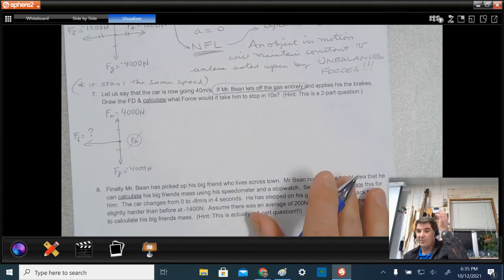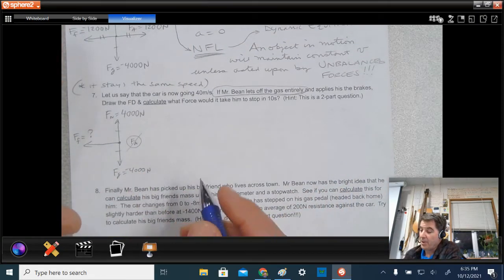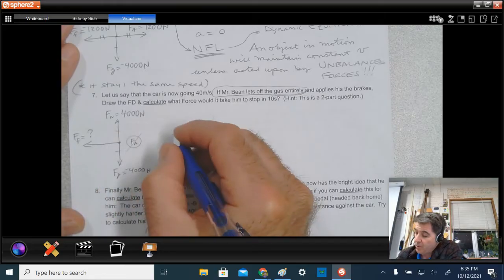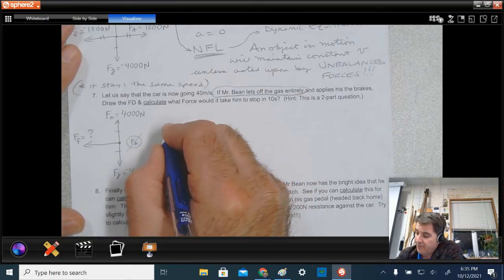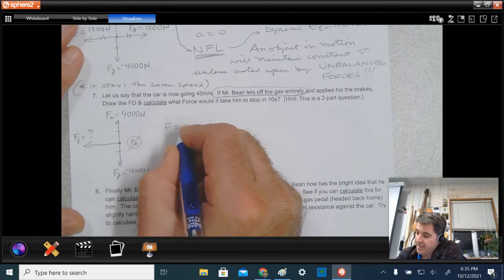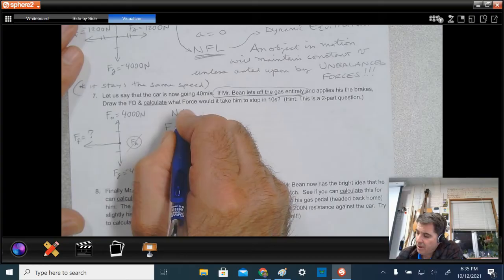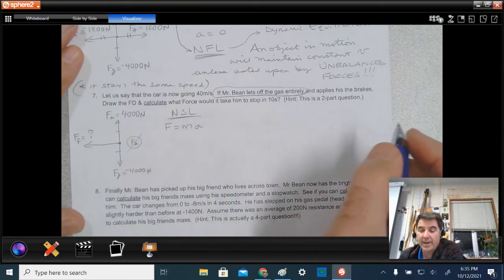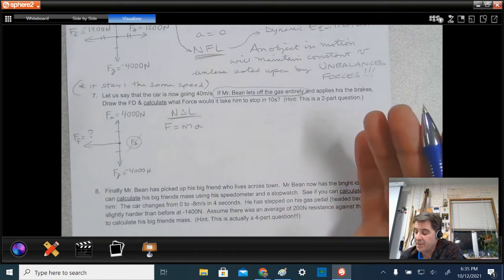Well, that's kind of a hard question because, in all these equations, another way to write Newton's laws is to say force is equal to mass times acceleration. That's Newton's second law, just another way to write it, right? I know my mass. My mass is 400 kilograms, and that hasn't changed.